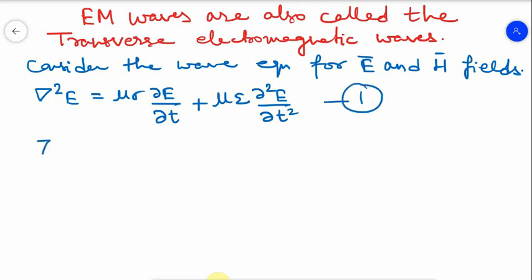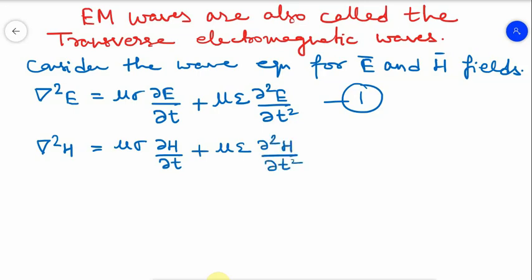Another is del 2H equals mu sigma del H upon del t plus mu epsilon del 2H upon del t square. This is your equation 2.